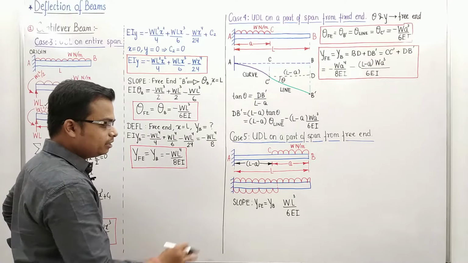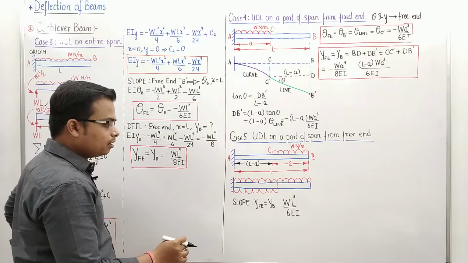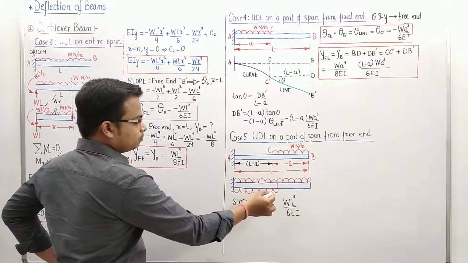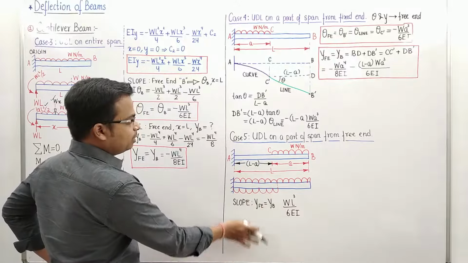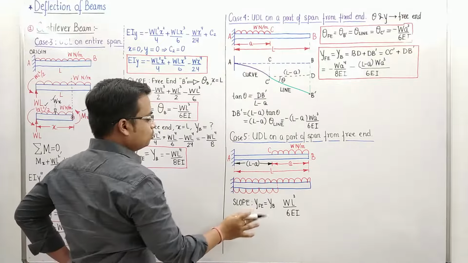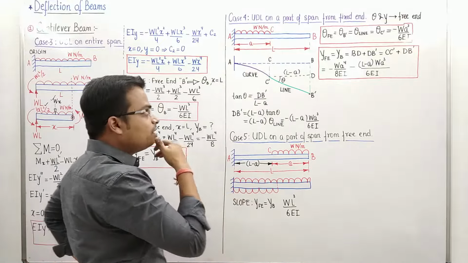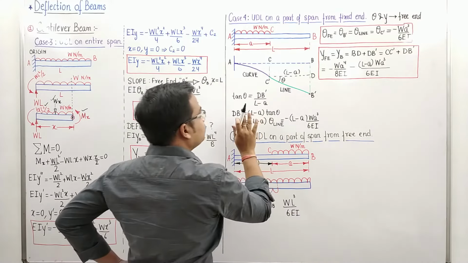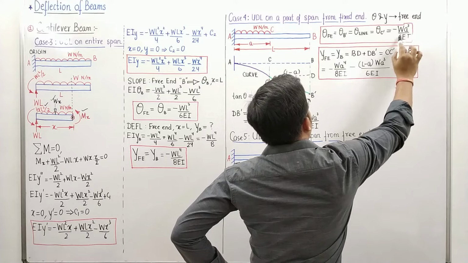Right now we are dealing with it in magnitude wise. Then you've got this in the upward direction. So you already have this result in the downward direction. For the downward direction we have this result. So for the upward direction that will also be valid. So what you need to do is here just take a look. WA cube over 6EI.